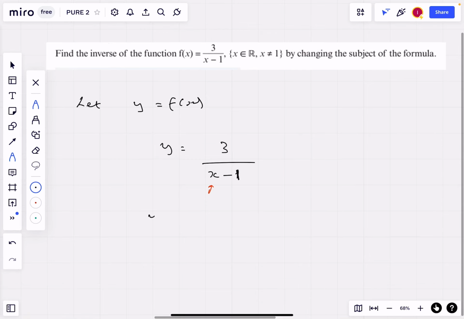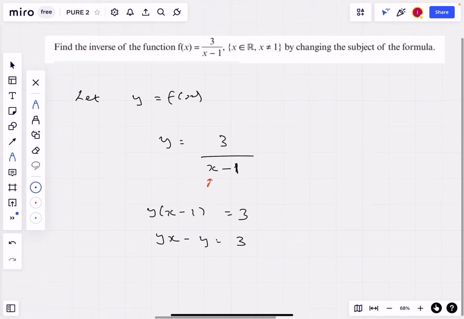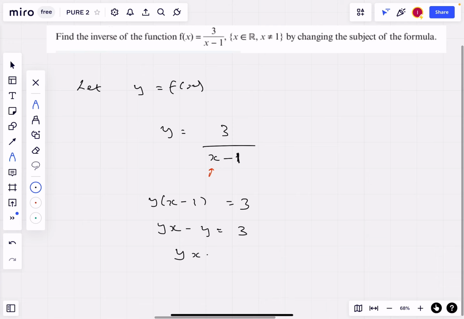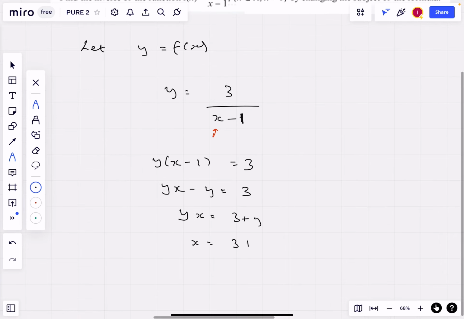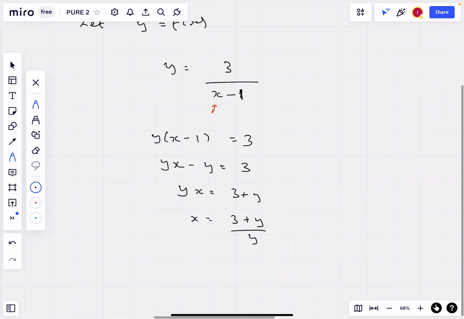So you're going to take it to the other side, like this. You're going to expand. You're going to move that y over. And now you're going to divide. Like this. From this point, all you have to do is change the notations.